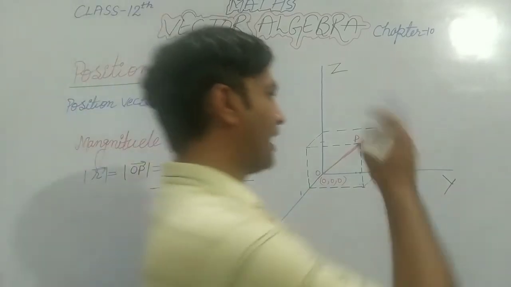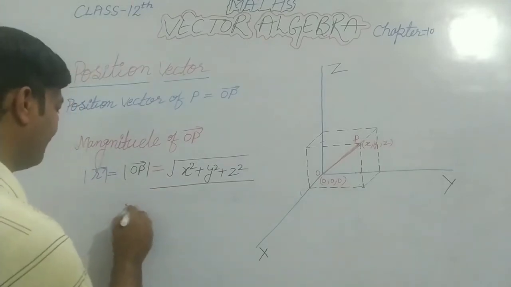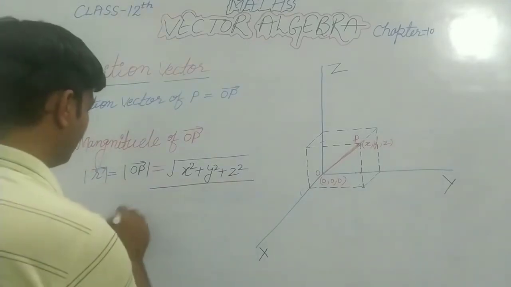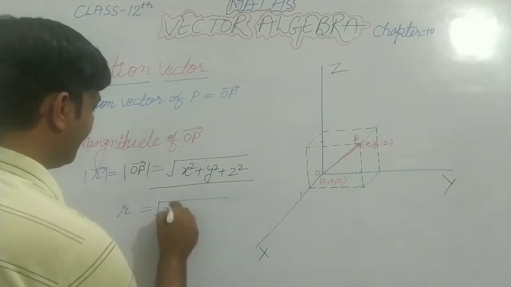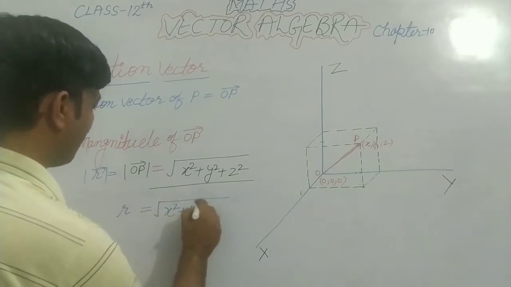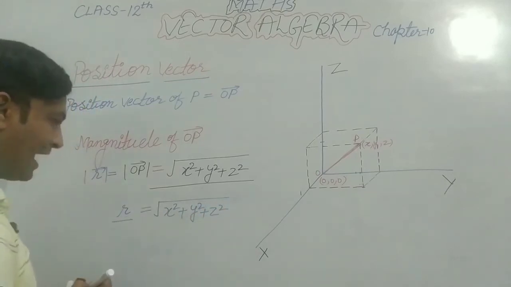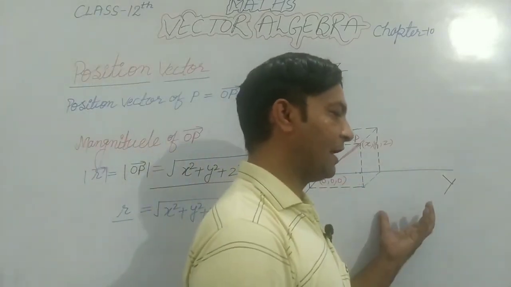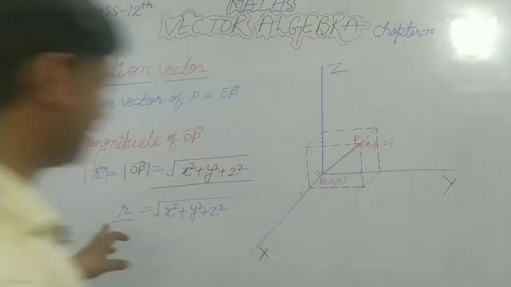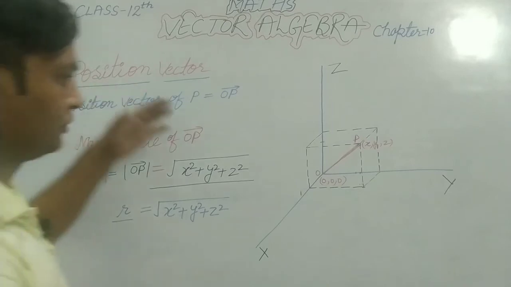We can denote an unknown point as the r vector, and we can write here only r. So r is the magnitude of the OP vector, but we can also denote the position vector of any unknown point by the r vector or only r. So this is the concept of the position vector.